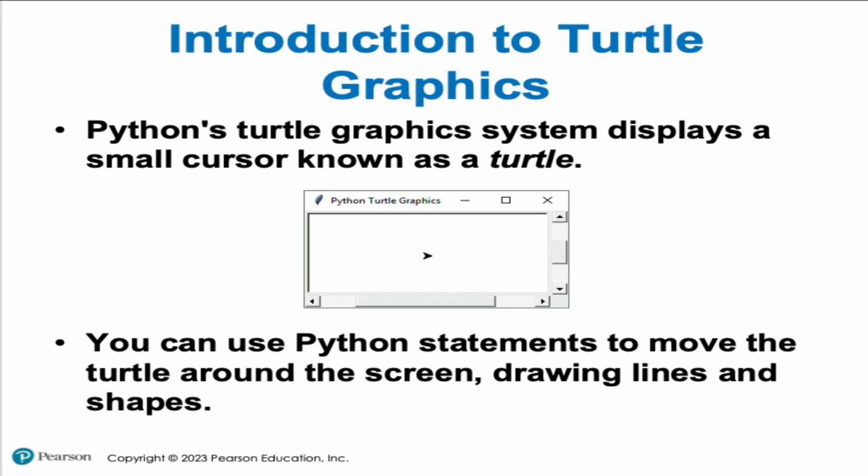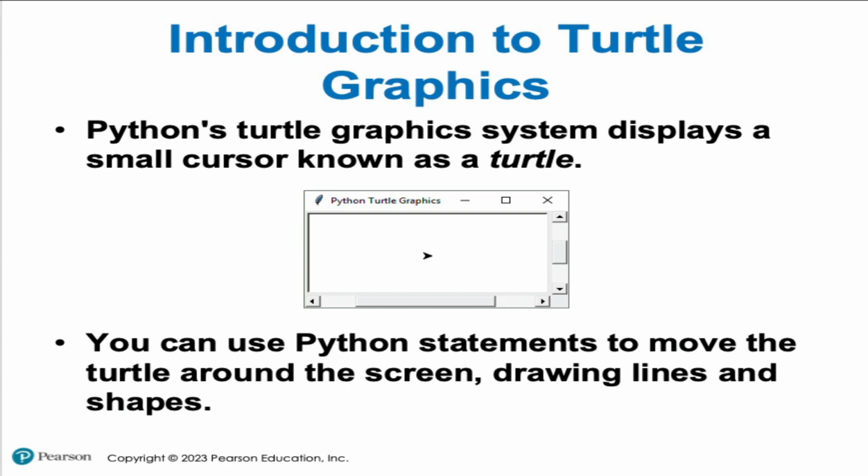So basically what we're showing here on this slide is we have a window that will appear, and in the middle you have this little pointer to the right, and that is, quote, the turtle, and the direction of the arrow, in this case to the right, is the direction the turtle is currently oriented, and as we'll see, this is currently 0 degrees, which is where it starts out.